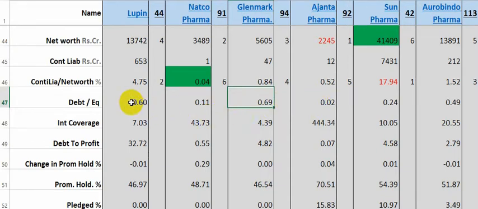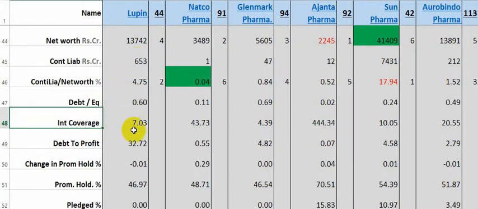Now, whatever the debt or the borrowings the company has taken, it will have to pay interest on that. The interest coverage ratio measures how much of the future interest payments we can pay off using this year's profit. Or, in other words, for how many more years can this year's profit cover the interest payments of the future years.